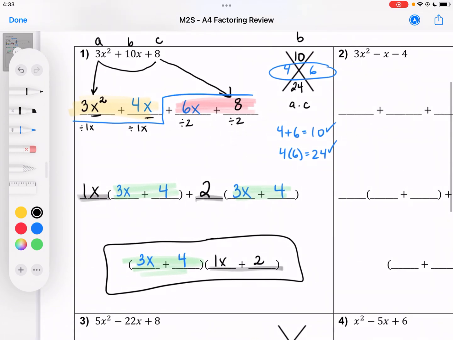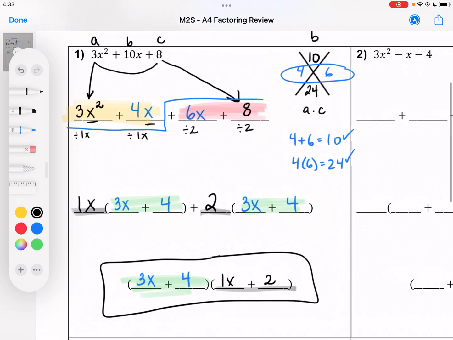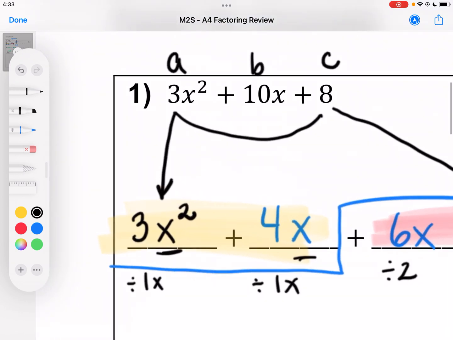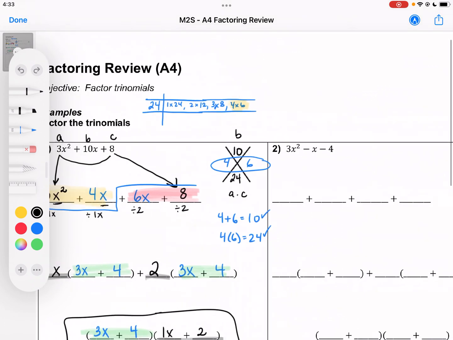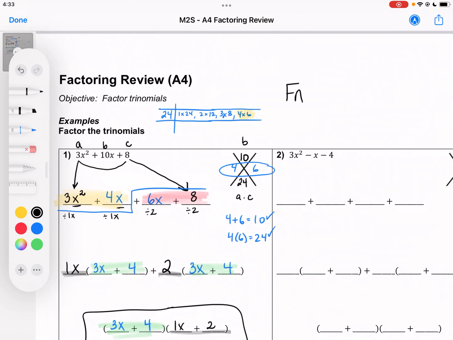Now, I just showed you one. So a reminder that this method that we just did, you only have to do if the A value is something other than 1. So remember, we call the FAST method, going to write that right here. So the fast method is when a is equal to 1.